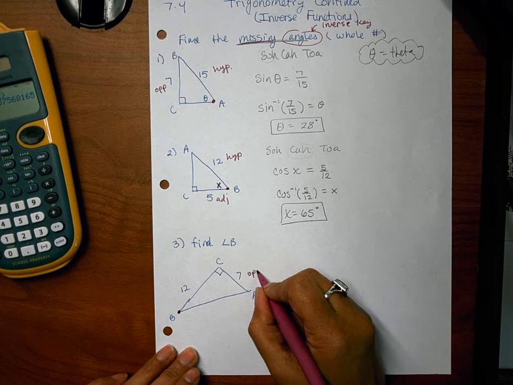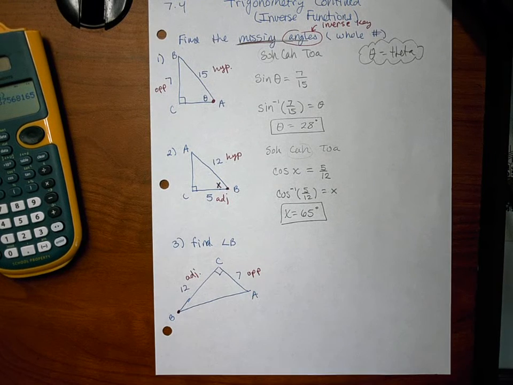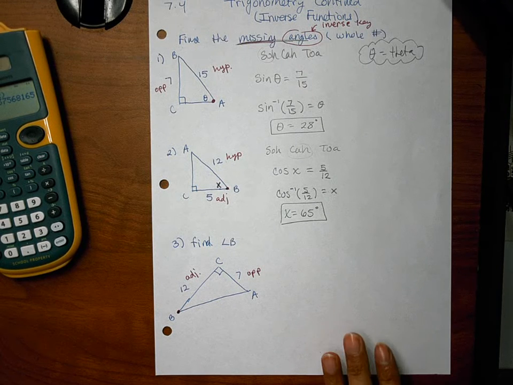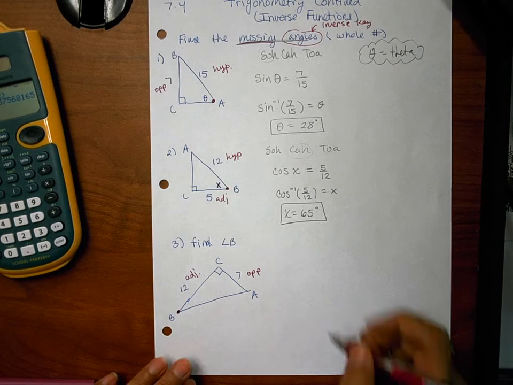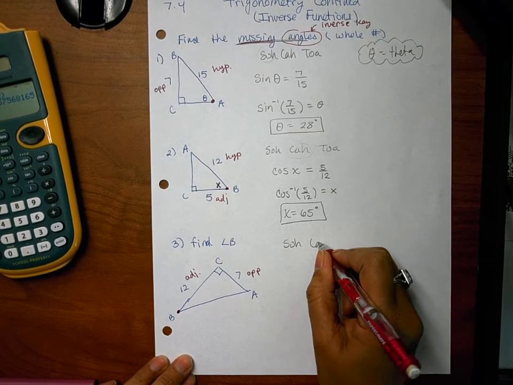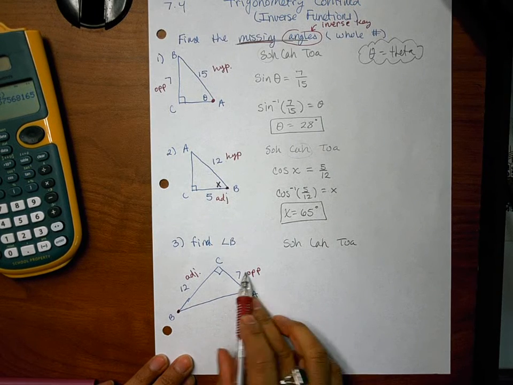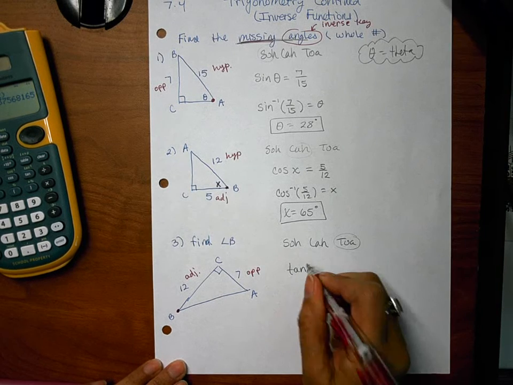Which one's opposite, which one's adjacent? Across, does not share the angle, is the opposite. Next to, shares the angle, is adjacent. Okay, so we're going to go through and use our SOHCAHTOA and figure out which one doesn't deal with hypotenuse, which one's only opposite and adjacent.